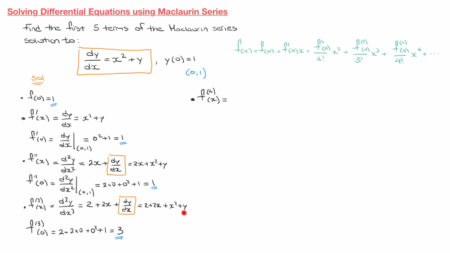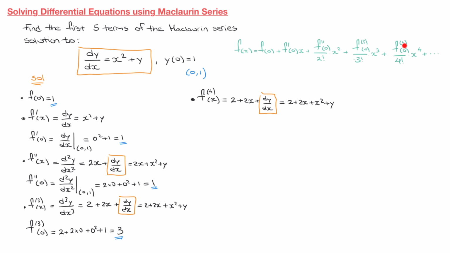So differentiating this with respect to x, we quickly find that the fourth derivative is equal to 2 plus 2x plus dy dx. And again, replacing this dy dx by the expression we have here, x squared plus y, we can state that the fourth derivative is equal to 2 plus 2x plus x squared plus y.